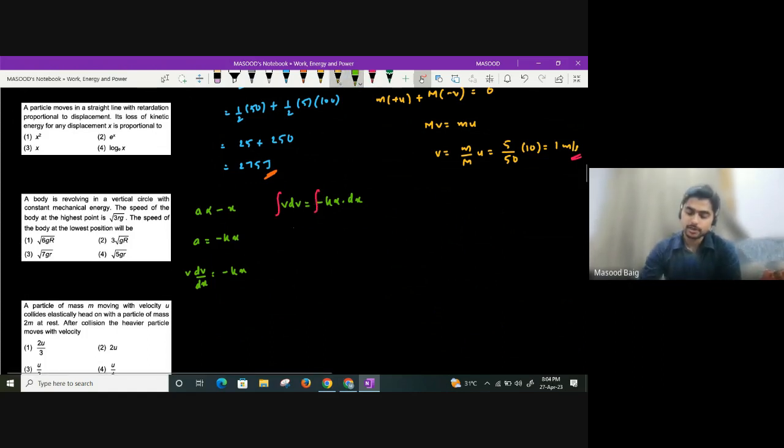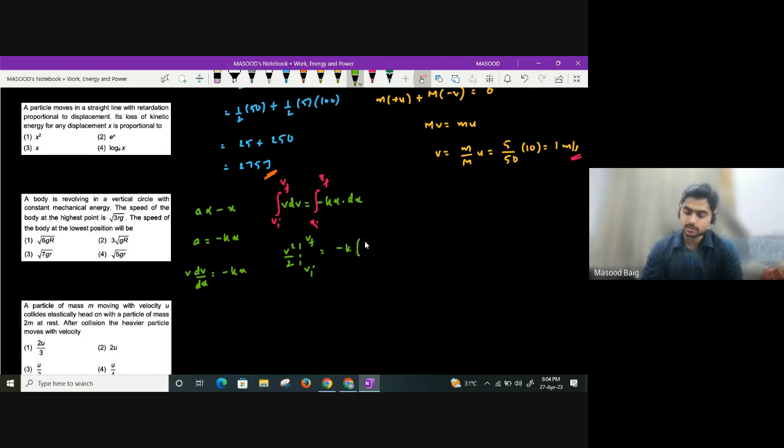I can consider the limits from some x initial to x final, from some v initial to v final. The integral of v dv will be v square divided by 2, as you all may be aware of already, from initial to final, should be equal to minus k, which is common.